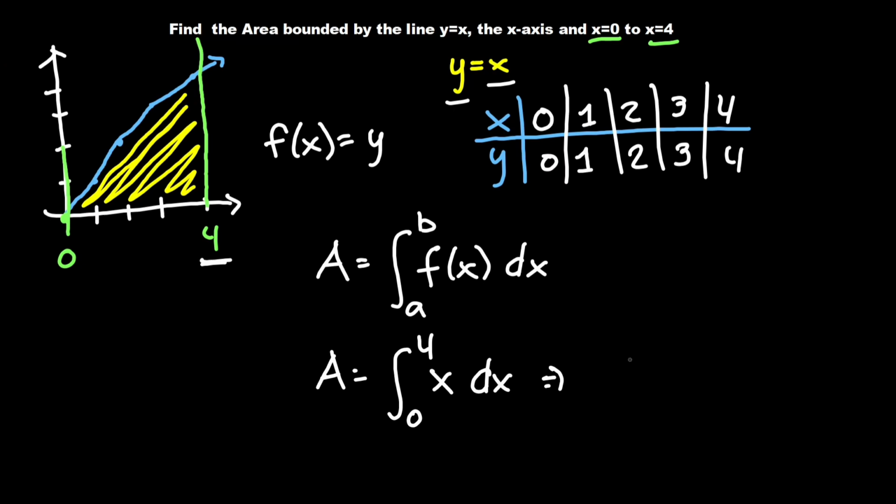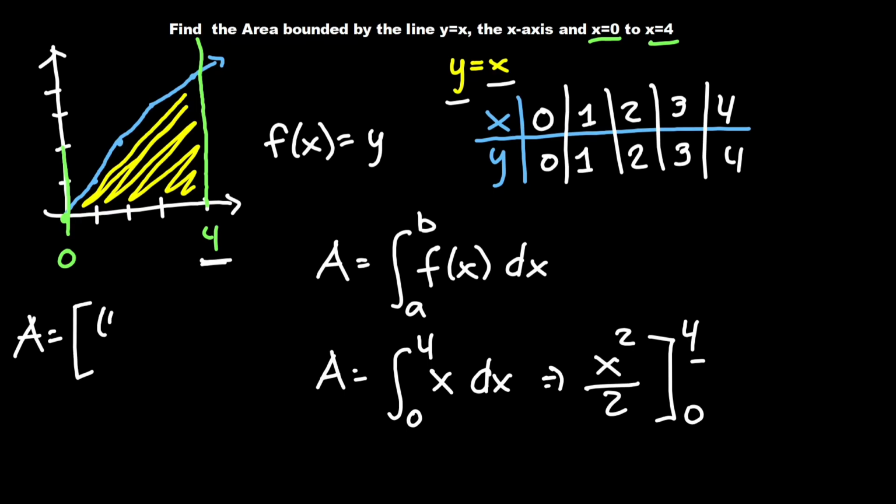And so, the integral of x dx would be equal to x squared over 2. And so we'll substitute 4 first in the x. So this would be 4 squared over 2. And subtract this by putting value of 0 into the x.